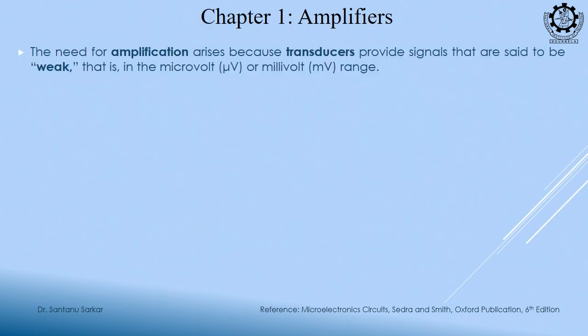Okay. Now, let us come to the amplifier. So, as I told, in signal conditioning we have several blocks, right. We may have several requirements. Now, suppose the transducer is producing an electric signal that is so weak that you cannot process it.